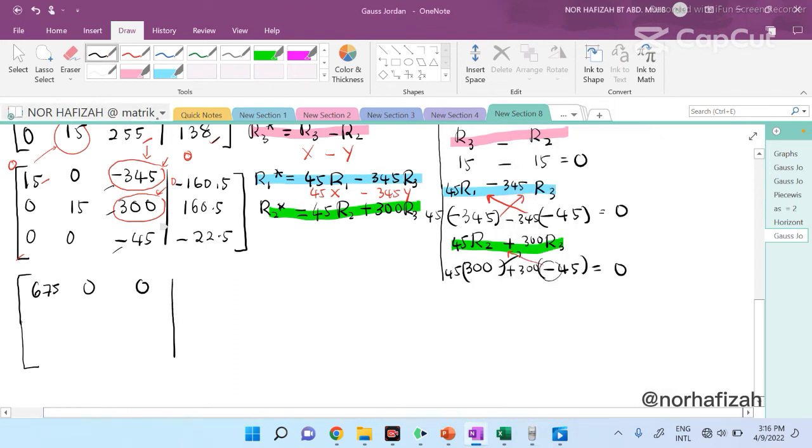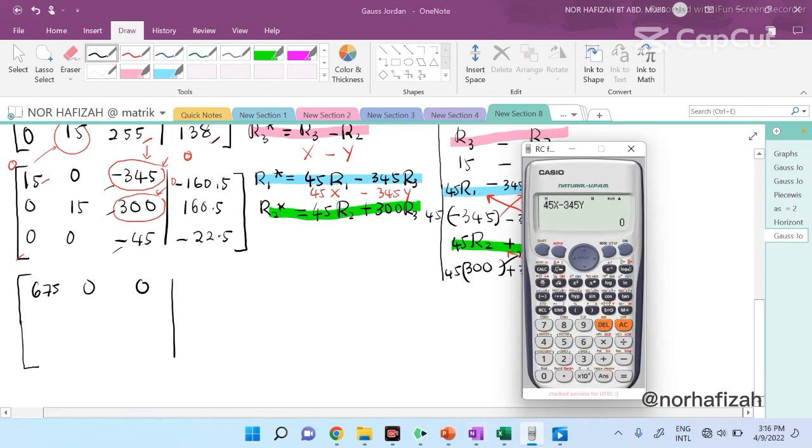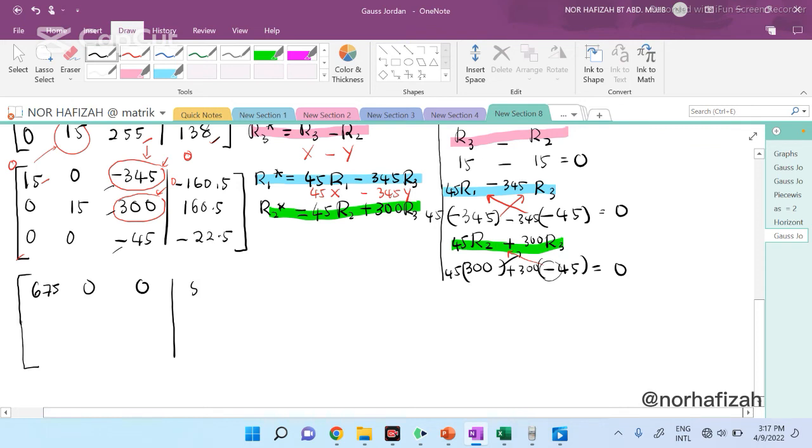Right, next, fourth column. So you just repeat that the same step again and again. Negative 160.5. Okay, 0.5 equal. For row 3 is negative 22.5 equal. 540. Yes. Here is 540.